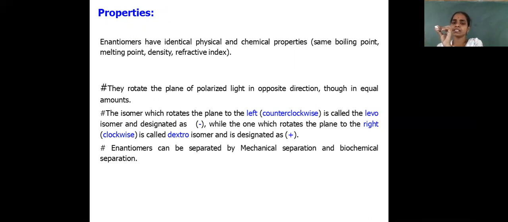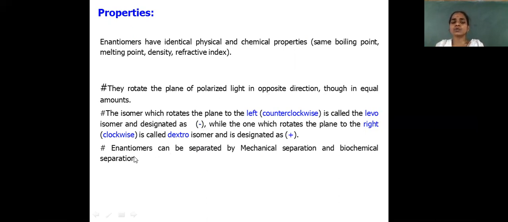If it goes to the right side, that isomer is called dextrorotatory, which is represented by a positive sign. Anti-clockwise orientation is called levorotatory, which is represented with a negative sign.